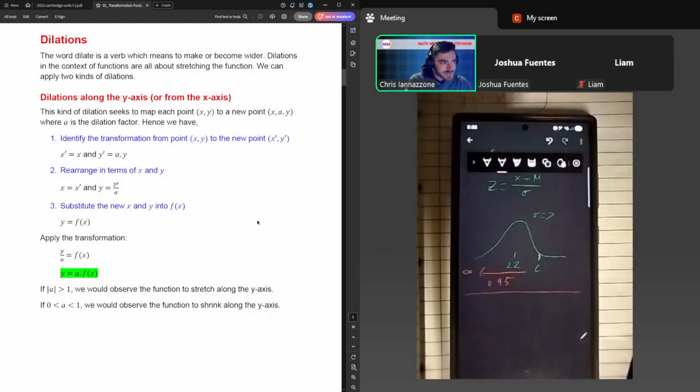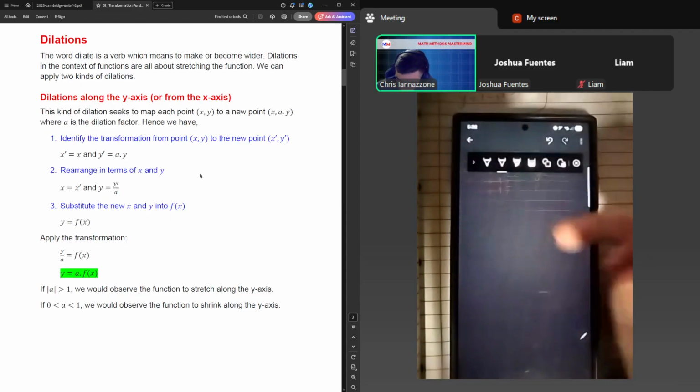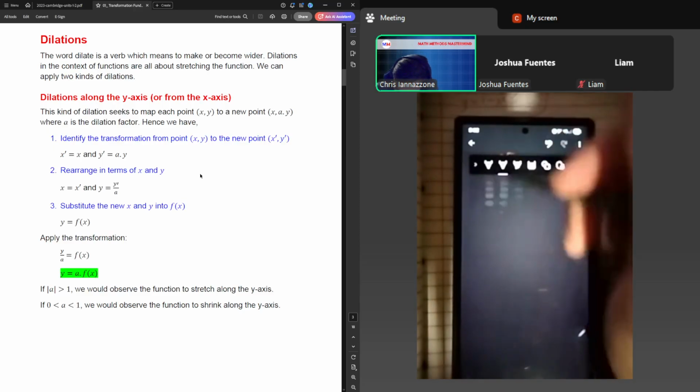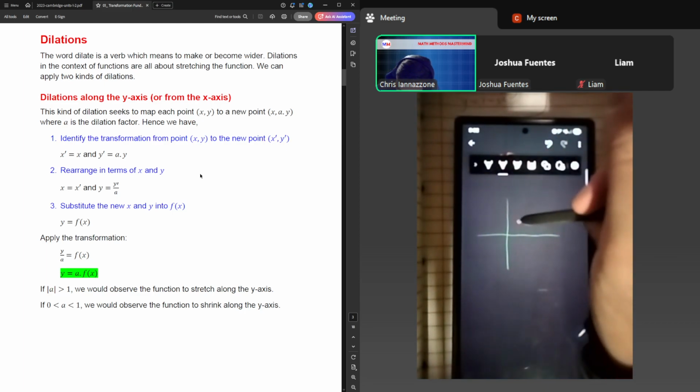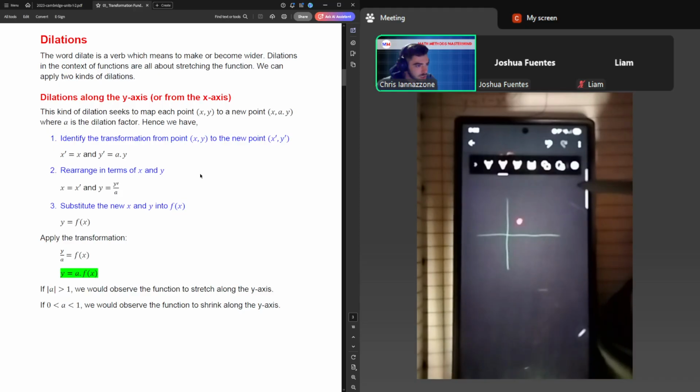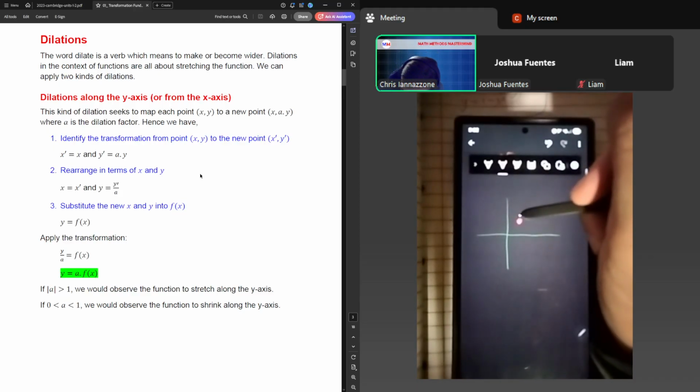First kind of transformation is a dilation. This is where you're stretching the graph, either along the x-axis or along the y-axis. You'll find that the book typically uses the words from the axis, which you can basically think of as the opposite direction to what's been listed. The reason why is because if I draw a quick diagram of what that might look like on the handwritten section, if I imagine just having some sort of point, then dilating along the y-axis would mean stretching in the y direction.